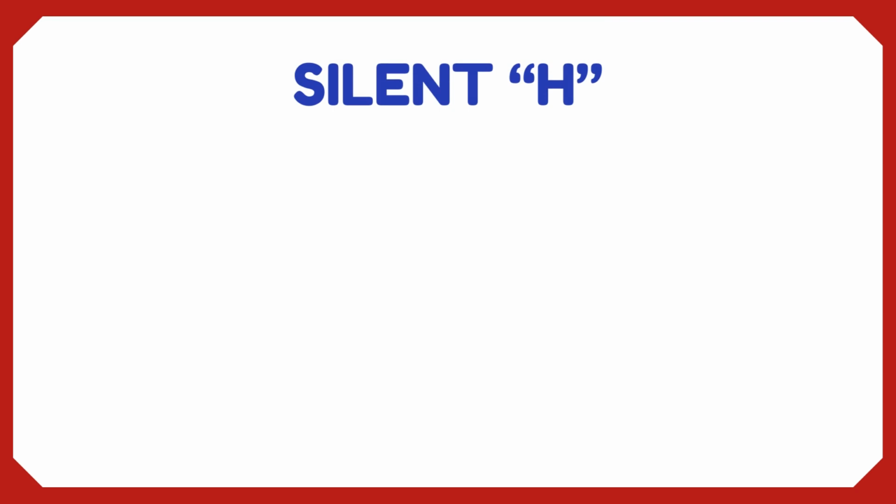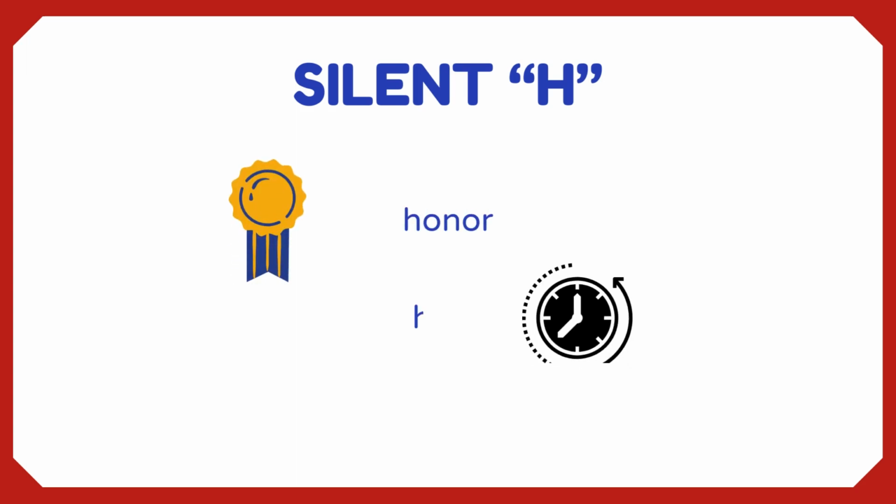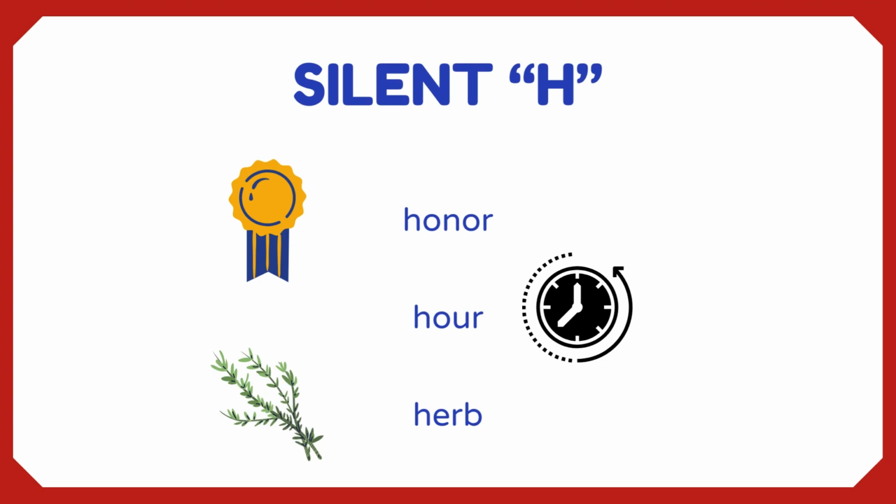When we say vowel sound, there are some words that start with a consonant but don't sound like one. For example, words that start with a silent H. Honor, hour, herb. We would say an honor, an hour, an herb.